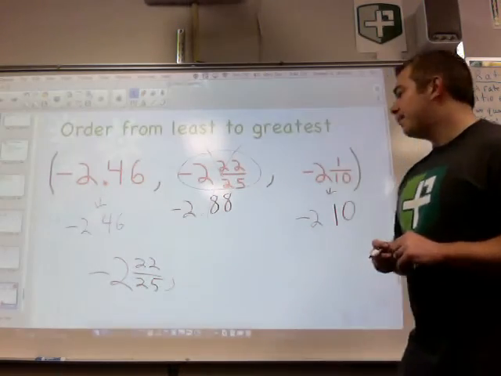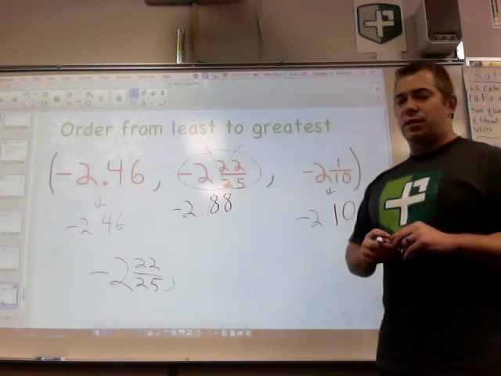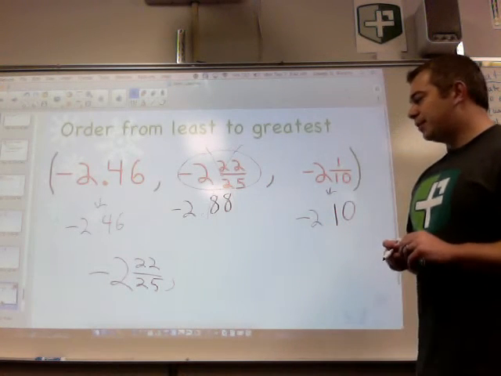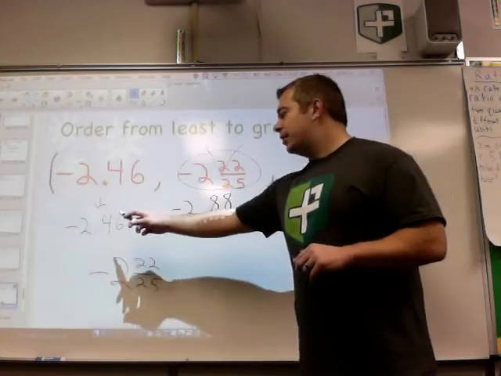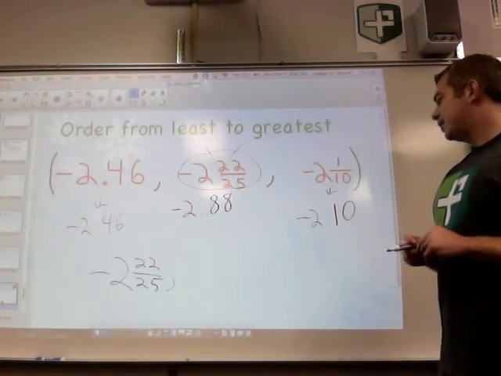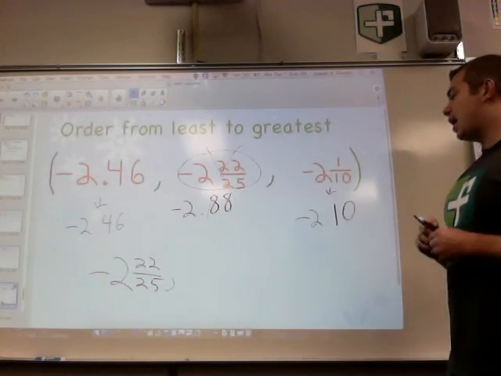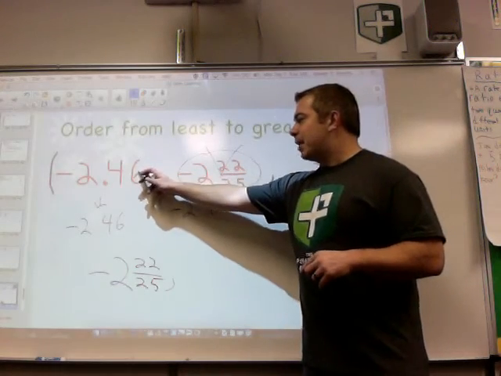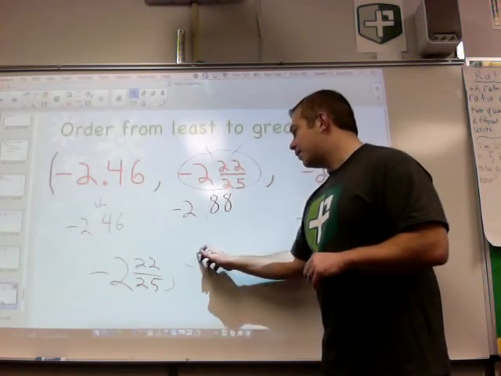Comma, because I'm ordering them. Which one is now further away from 0 to the left? Negative 2 and 46 hundredths is definitely further left than negative 2 and 1 tenth. So since that's my original number, I just have to write it the same way.